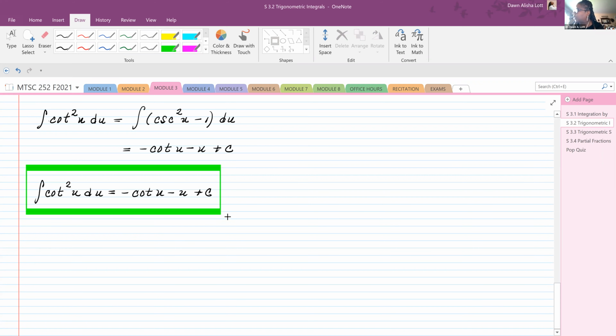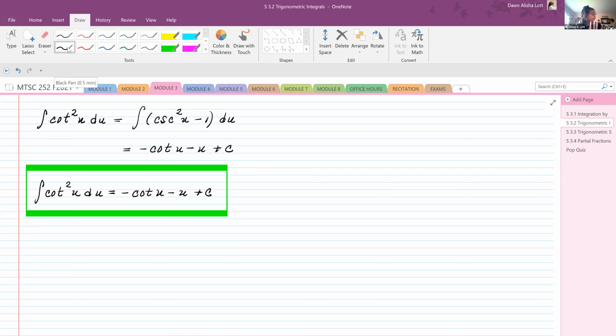Okay, so now we know how to integrate every function except secant and cosecant, and we know how to integrate every trig function squared. The ones that you're going to remember, of course, are secant squared and cosecant squared. For cosine squared and sine squared, you're going to switch off to a formula. Same thing for tangent and cotangent.